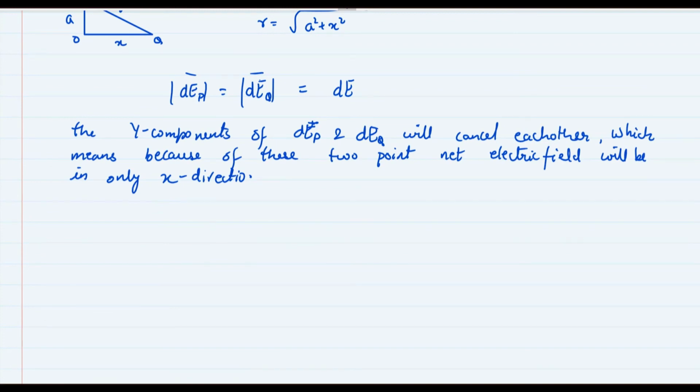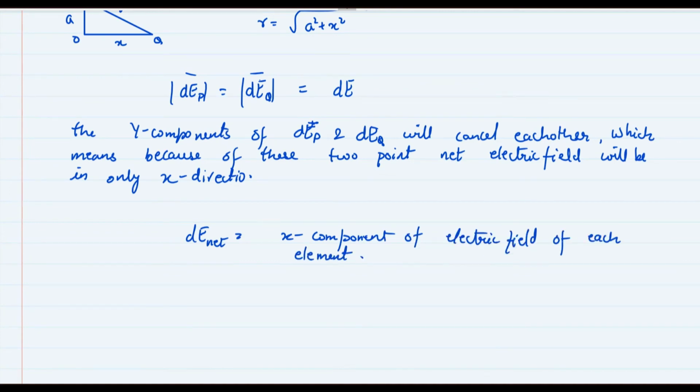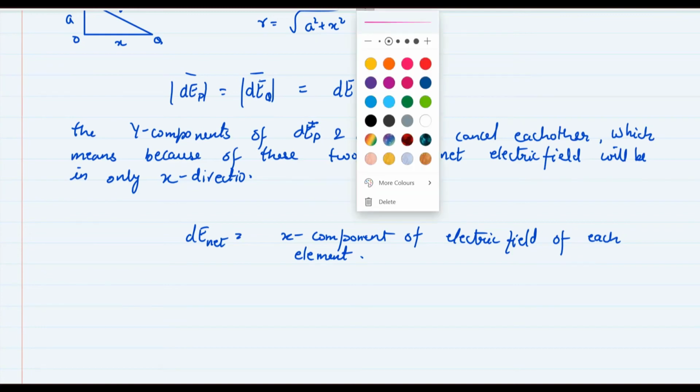what is E net? dE net will be only the x component of the electric field of each element, because the y component will get cancelled, as for every element we have a corresponding element which will provide a dE component perpendicular to the axis, and that is going to cancel.